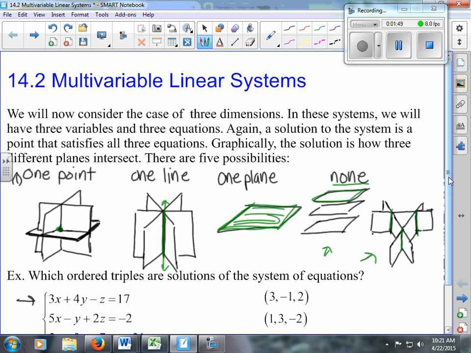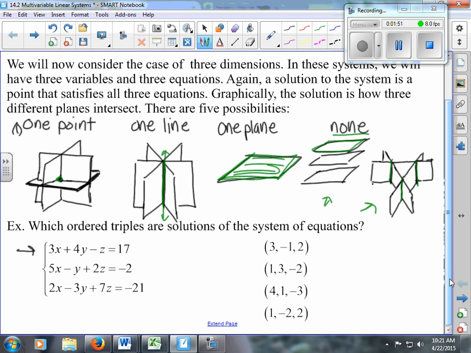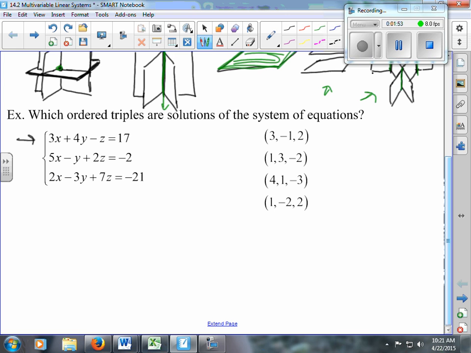And so here we're going to have a simple example. We have three equations and three unknowns, and I have four options here for points. I want to know which of these points is a solution to the system. If I try option 1, x is 3, y is -1, and z is 2. If you're a solution, then you're a solution in every single equation in the system. So let's try that in the first equation.